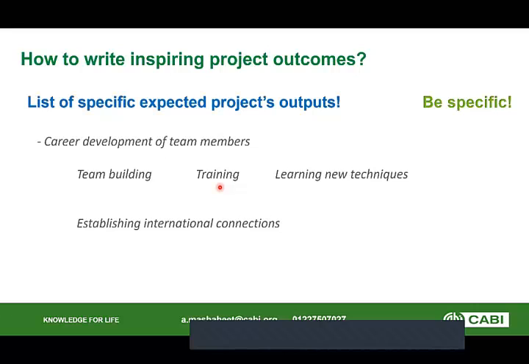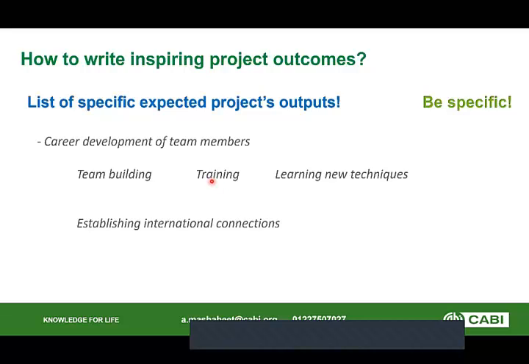Training, and by training here we mean both types of training: the training that the research team members receive to develop their capabilities, and at the same time the training that the research team members are going to provide to other people, like undergraduate students or graduate students, or even colleagues in the same institution, or nationwide.